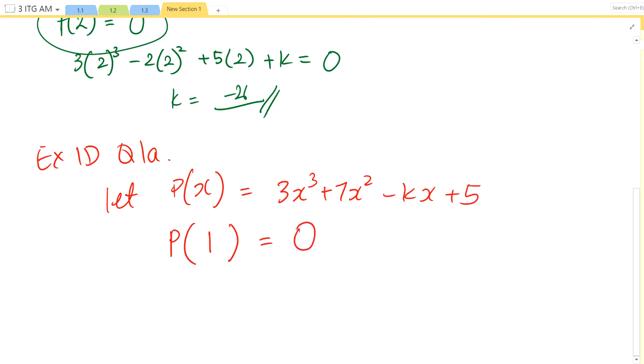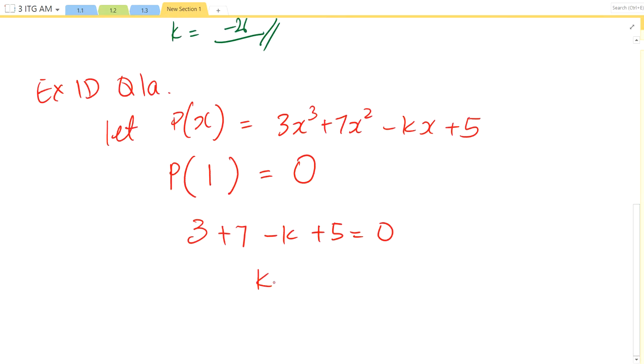This special case of the remainder theorem, where the remainder is 0, is known as the factor theorem. Do we need to know all these names? I don't really need to know. You just need to know how to apply. So substitute 1. So it's so easy, right? 3 plus 7 minus k plus 5 equals to 0. K must be equals to 15. Done.